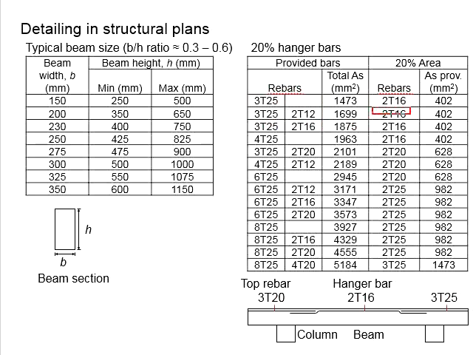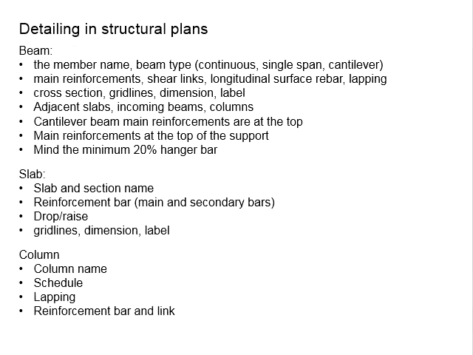That means the smaller size of the reinforcement bar will be 2T16. With that, this is more or less about the detailings of the beams. Having this demonstrated, maybe you can apply the principles and have some guides for you to produce your own detailings of the beams.